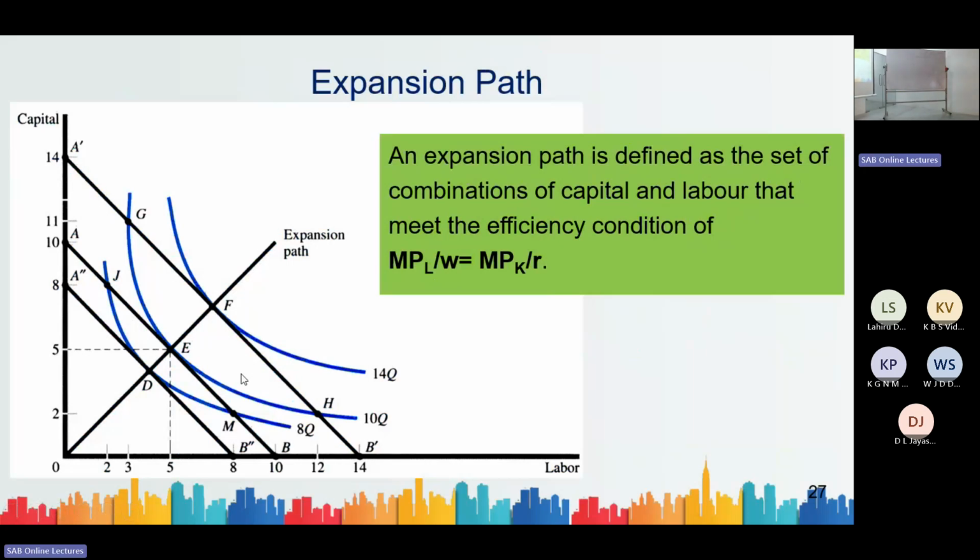That is the additional output or extra output that can be obtained by spending one additional rupee on labor.